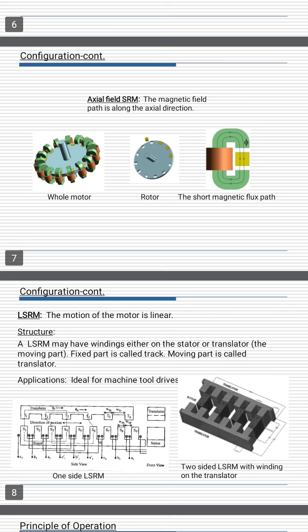Configuration code, axial field SRM: the magnetic field path is along the axial direction. The whole motor looks like this, the rotor is located like this, and the short magnetic flux path is located like this. As we see on this page, three types of parts of a motor.